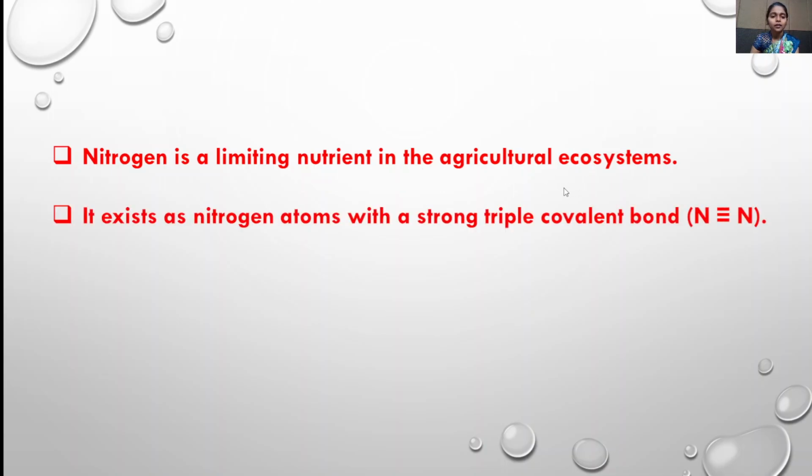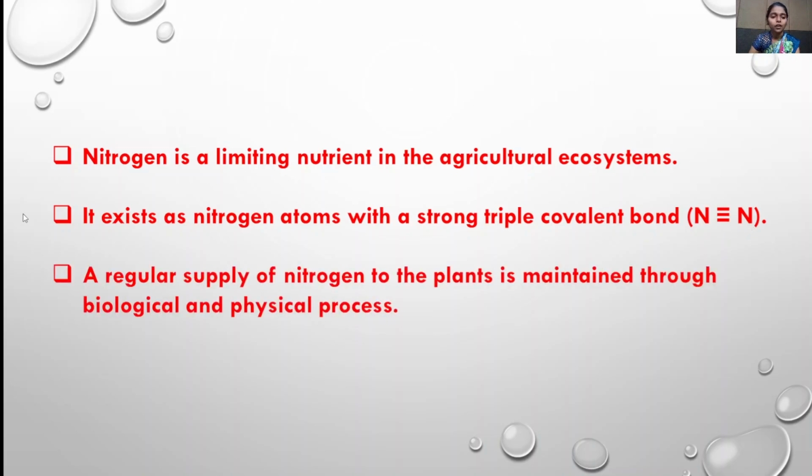It exists as nitrogen atoms joined with a strong triple covalent bond, N triple bond N. A regular supply of nitrogen to the plants is maintained through biological and physiological processes. Moves to the next slide.